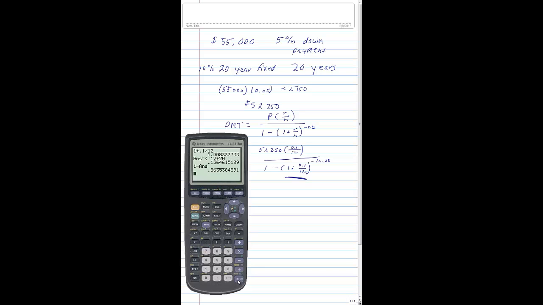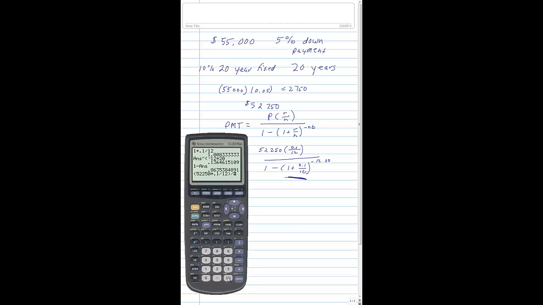And I'm going to look at my whole numerator. I'm going to put my whole numerator in parentheses. $52,250 times 0.1 divided by 12 end parentheses. That's my numerator. I want to divide it by that denominator I found, which is that 0.8635384891.